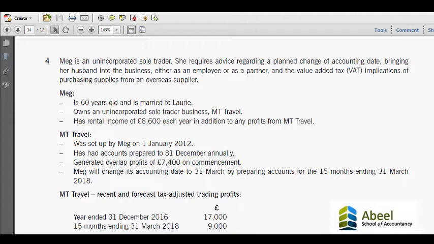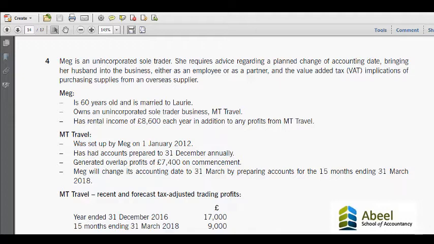Meg is 60 years old and married to Laurie, and owns an unincorporated sole trader business, MD Travel. She has rental income of 8600 each year in addition to any profit from MD Travel. Right now we don't know what amount of profit Meg is going to get from MD Travel, but clearly the income of 8600 is lower than the personal allowance.